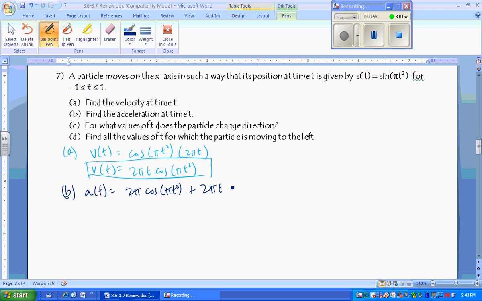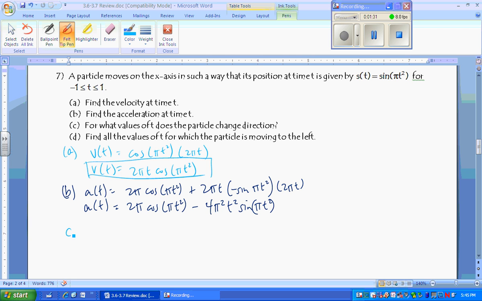So derivative of cosine is negative sine of pi t squared times the derivative of pi t squared, which is 2 pi t. So 2 pi times cosine of pi t squared minus 2 pi times 2 pi, we get 4 pi squared t squared times sine of pi t squared.